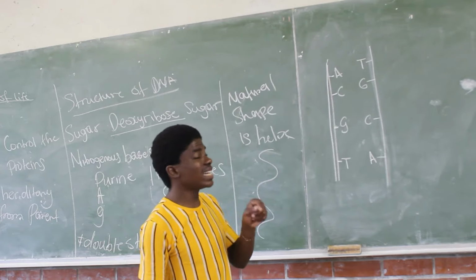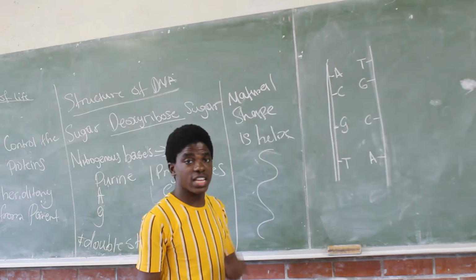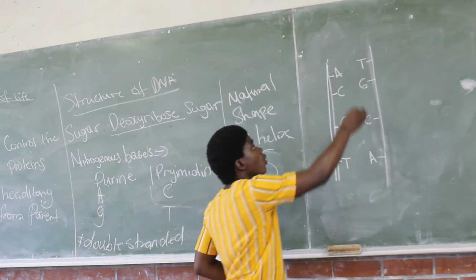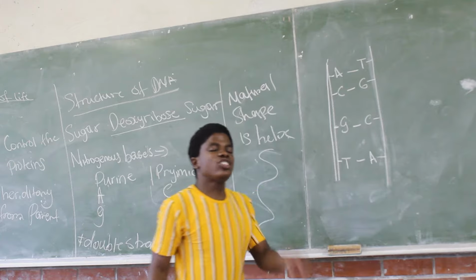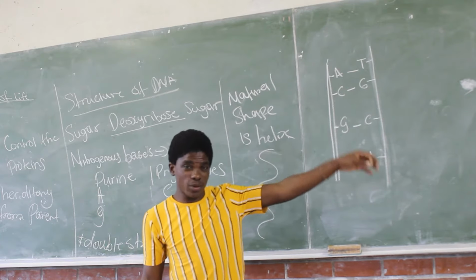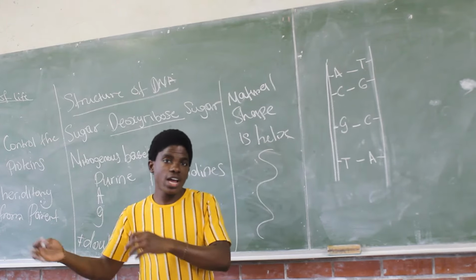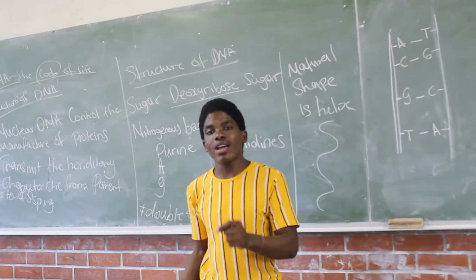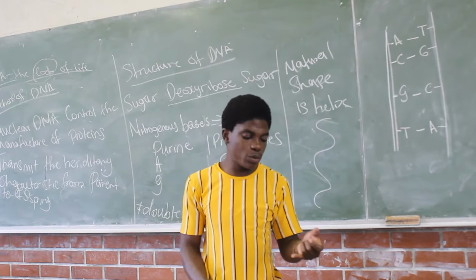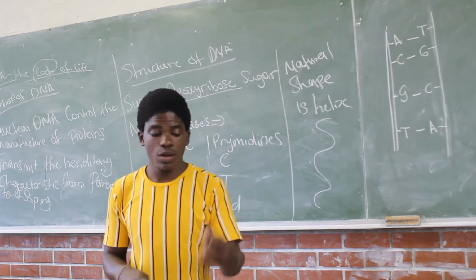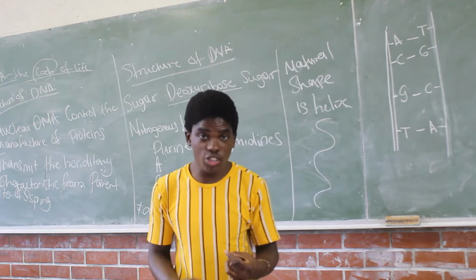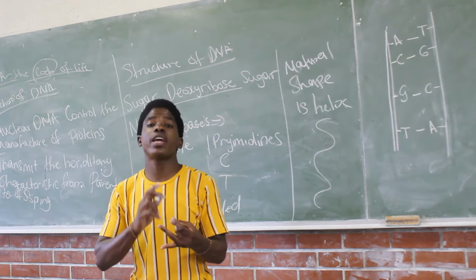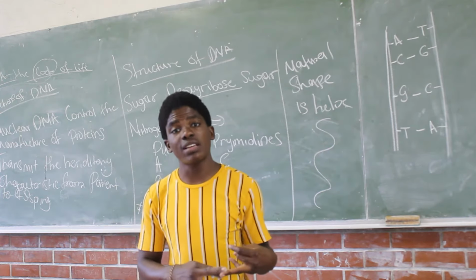But because there is another thing that we find in DNA that we do not find in RNA, which is the weak hydrogen bonds. It's not just hydrogen bonds, but weak hydrogen bonds. The reason why they are weak is because DNA needs to break when we are having DNA replication, and also when we are having protein synthesis.